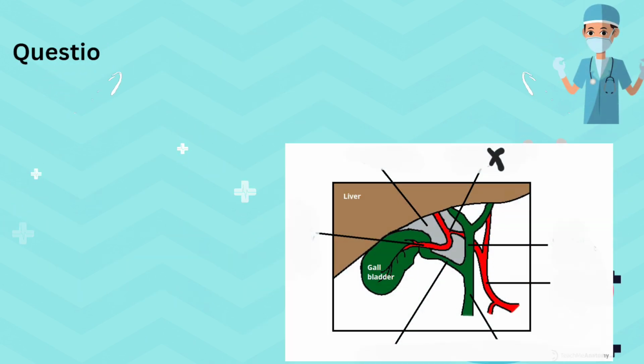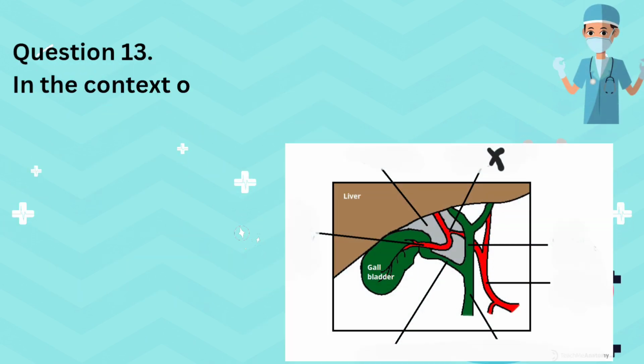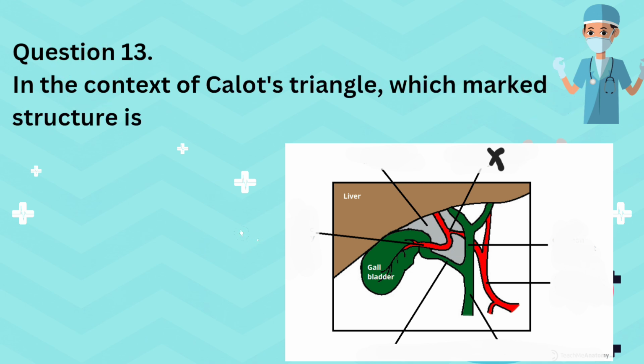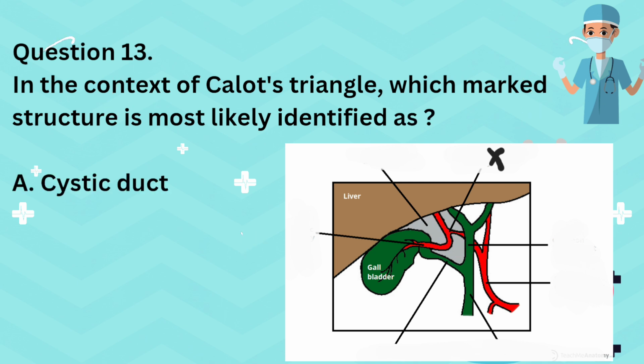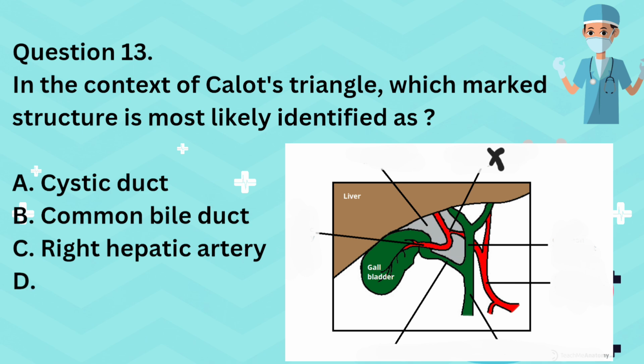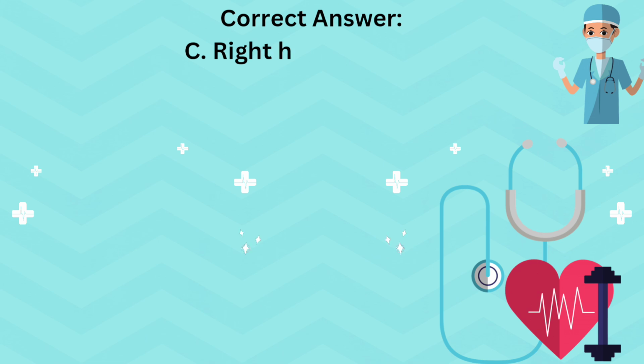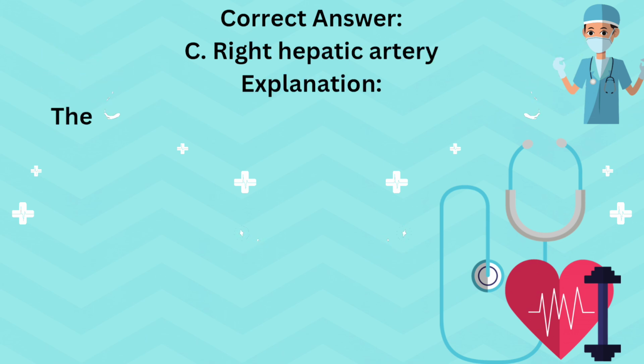Question 13. In the context of Calot's triangle, which marked structure is most likely identified as? A. Cystic duct. B. Common bile duct. C. Right hepatic artery. D. Left hepatic artery. Correct answer: C. Right hepatic artery.